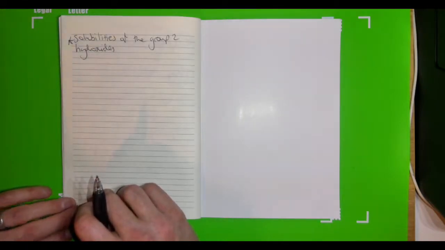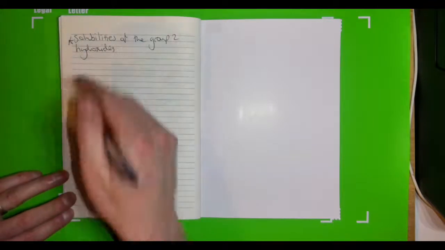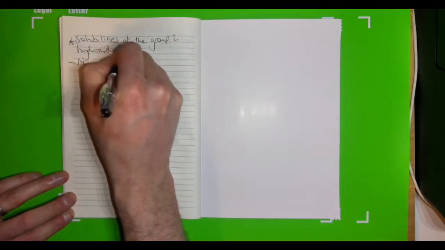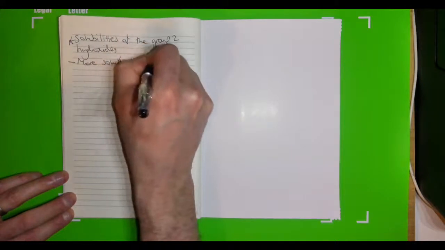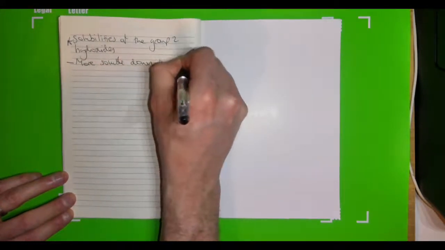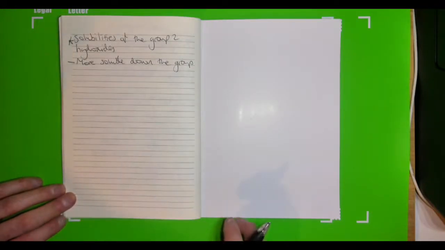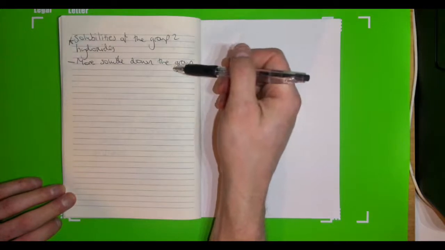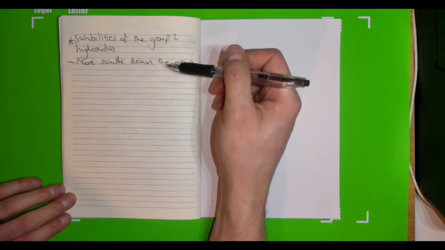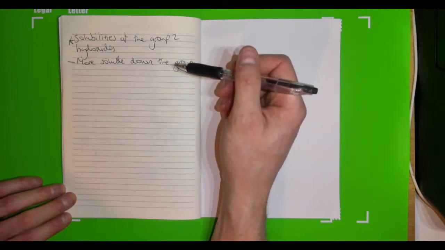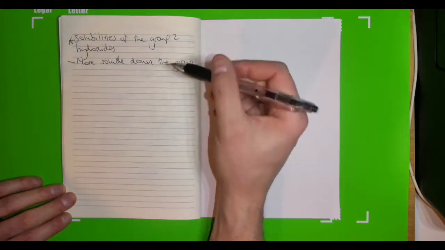The trend there is that as they go down the group, they get more soluble. So if I pick a group 2 hydroxide at the top of the group, we would expect that to be almost insoluble. So magnesium is quite close to the top of the group, and that is almost insoluble.